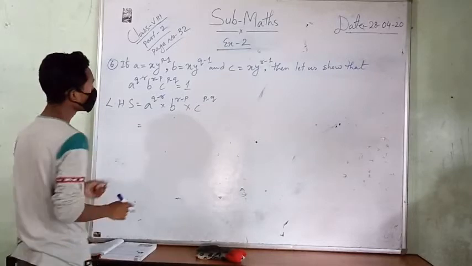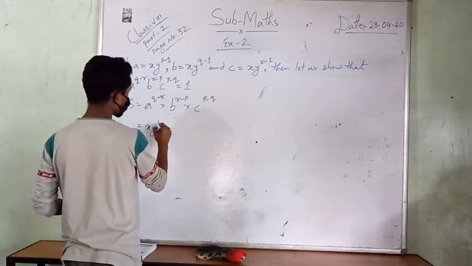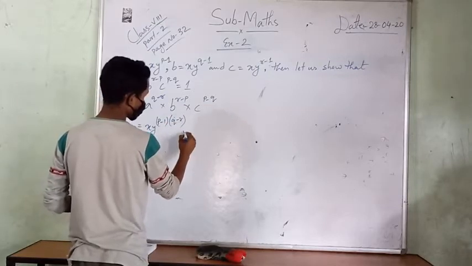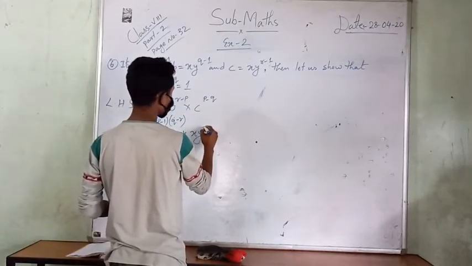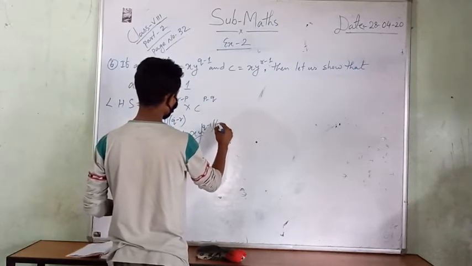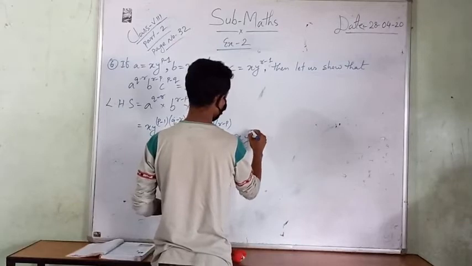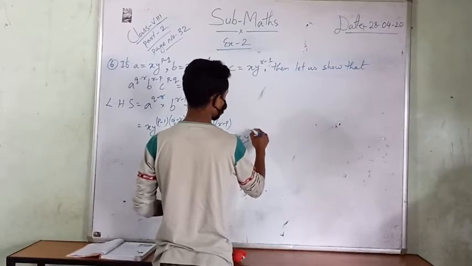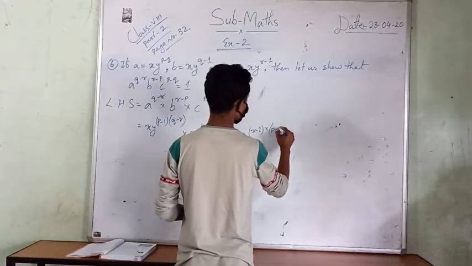So now put the values of a, b and c. The value of a is xy to the power p minus 1 into q minus r, into the value of b, xy to the power q minus 1 into r minus p, into xy to the power r minus 1 into p minus q.